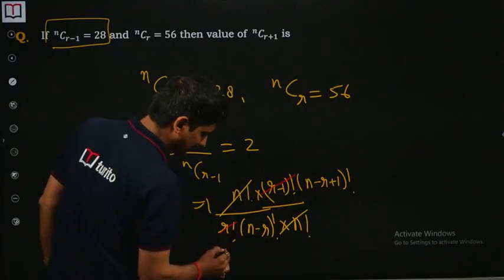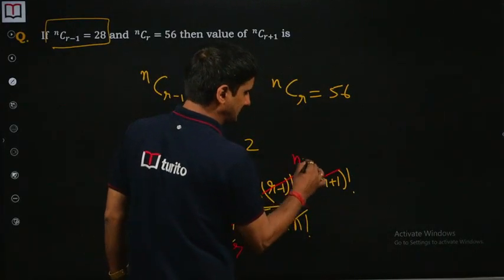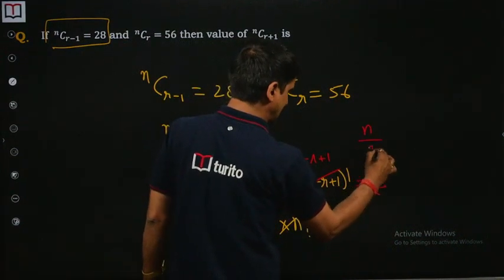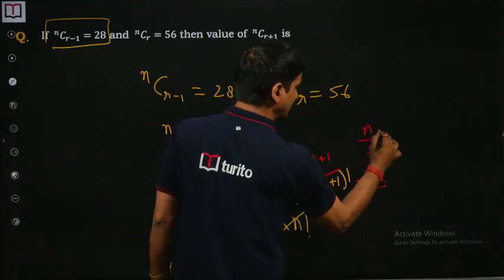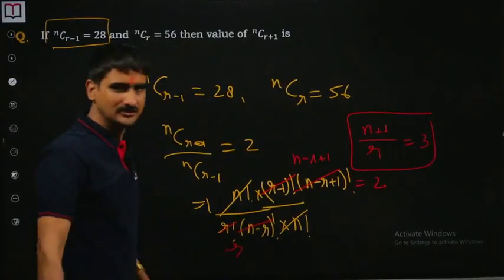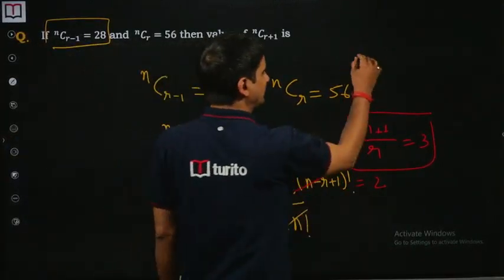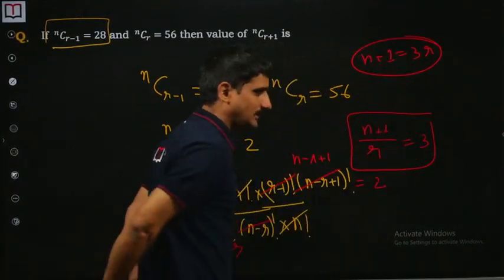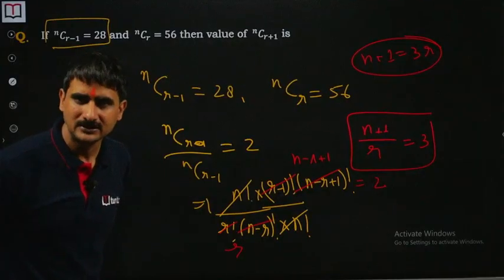So this is nothing but r, and this is nothing but n minus r plus 1, and this is equal to 2. So it's n by r, then n plus 1 by r is equal to 3, and that's the relation. So n plus 1 has to be a multiple of 3, so n plus 1 is 3 times r.